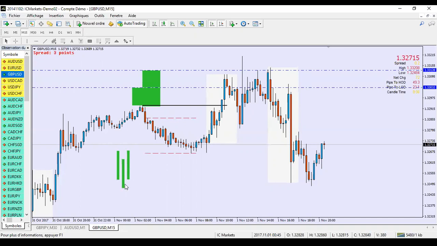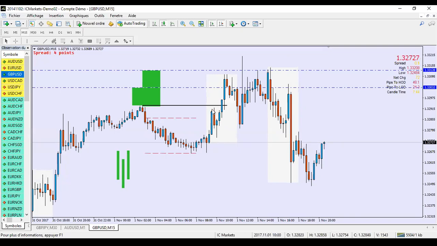I search for a candle with a lower low than the two candles around it. Before it broke the structure, in this three-candle pattern, the blue candle is lower than the two candles next to it.